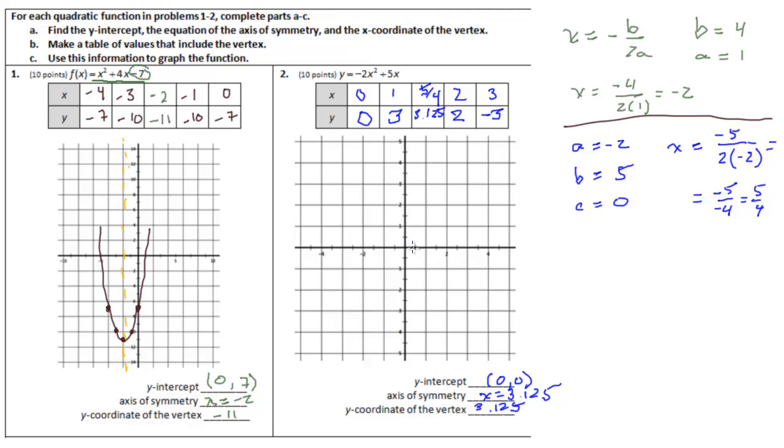Let's quickly graph that and then we'll be done. Let's see. 5/4 is 1 1/4. It's about right there. 1, 3, about right here. 0, 0. 1, 2, 2, 2, 3. Yeah.